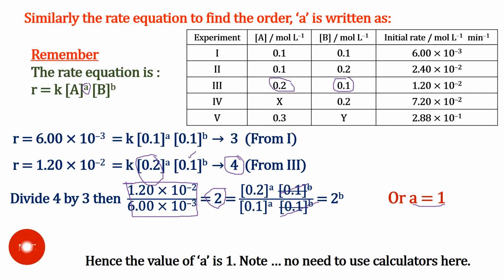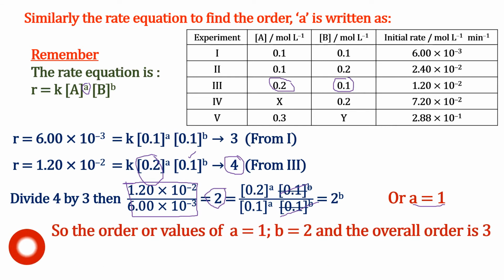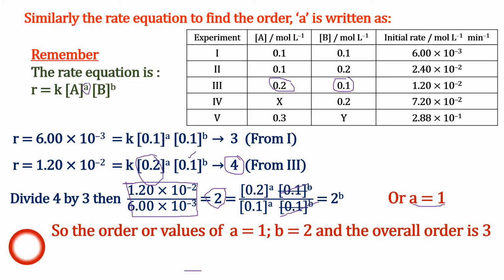Note, no need to use calculators here. Hence the order of A is equal to 1 and B is equal to 2. The overall order for the reaction is 3.